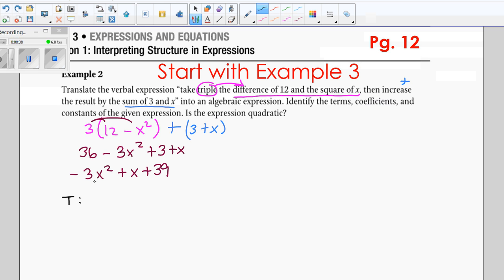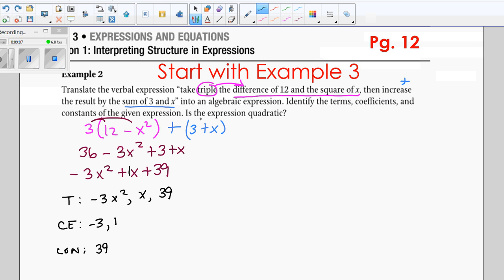My terms are 1, 2, 3: negative 3x squared, x, and 39. My coefficients, again, are my numbers in front of my variables. I have negative 3x squareds, and I have 1 x. And then my constant is 39, the number that will not change no matter what x is.